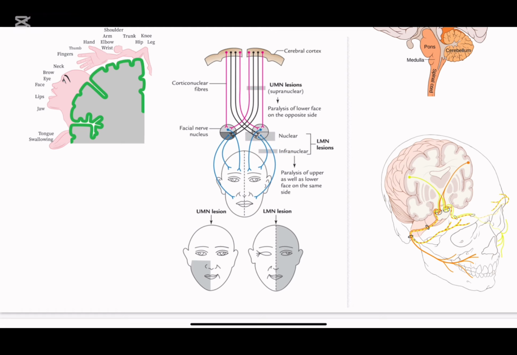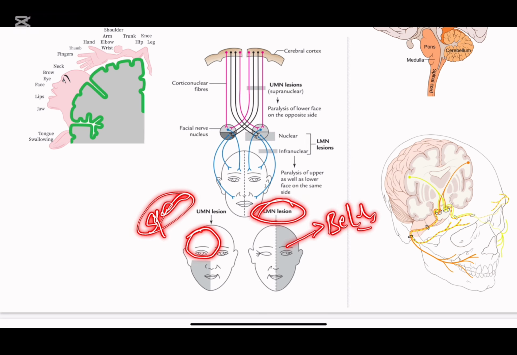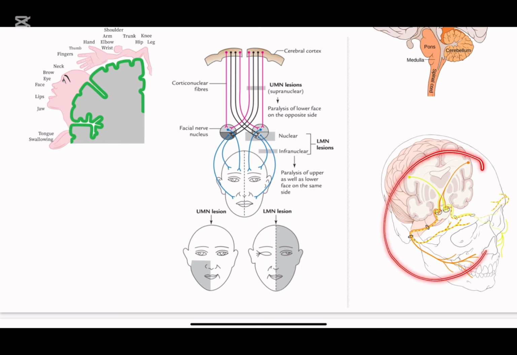But if the lesion occurs in the upper part of the corticonuclear fibers, we can see here the lower part of the face is involved, but the upper part of the face can be spared because it is also innervated by the fibers from the same side. So in case of upper motor neuron lesions, the upper part of the face is spared, but in lower motor neuron lesions, which includes Bell's palsy, the whole face is involved. We can see this in the diagram as well.